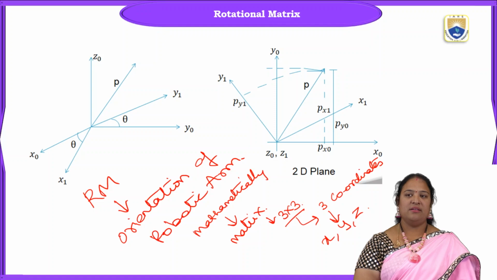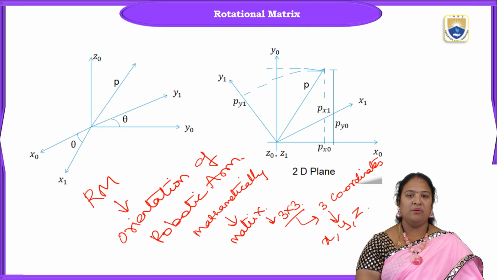The position or orientation of the robot will be described on 3 different axes, x, y, and z, where each axis will be rotating at an angle theta.